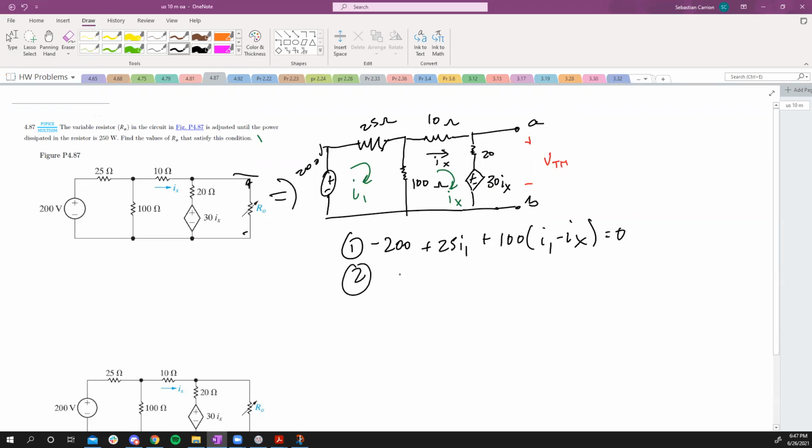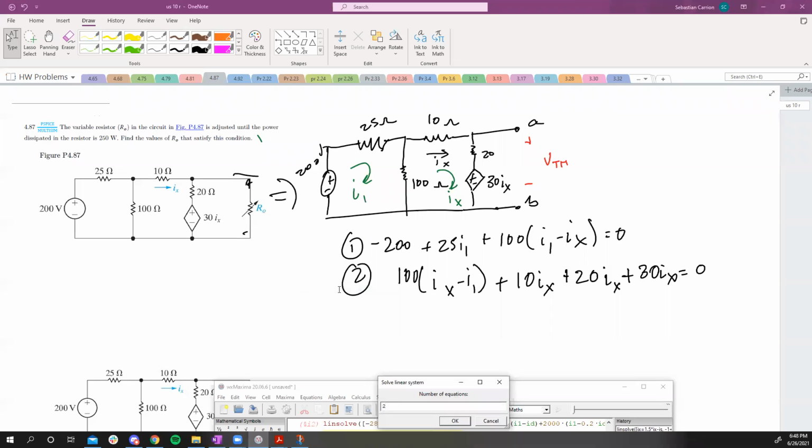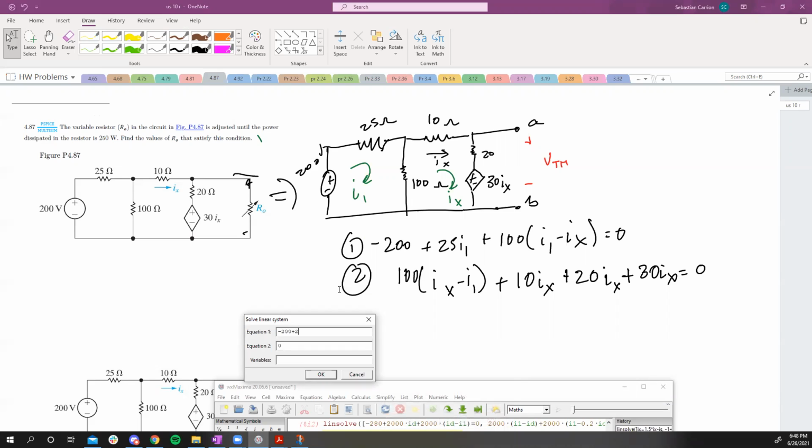And then our second equation would be 100 times IX minus I1 plus 10 times IX plus 20 IX plus 30 IX equals 0. So we're going to plug that in.